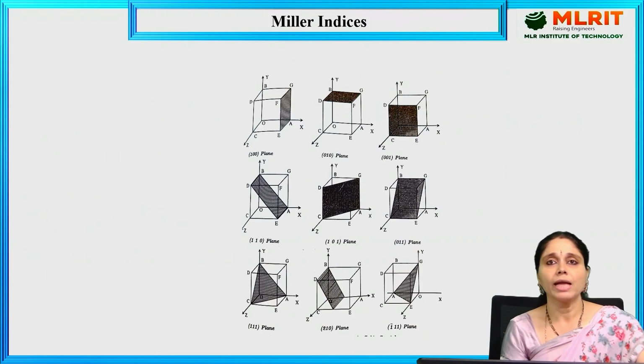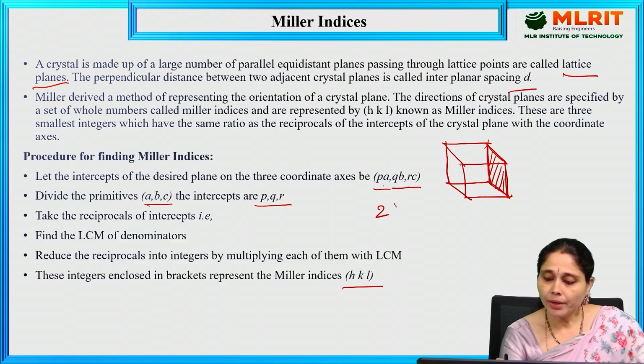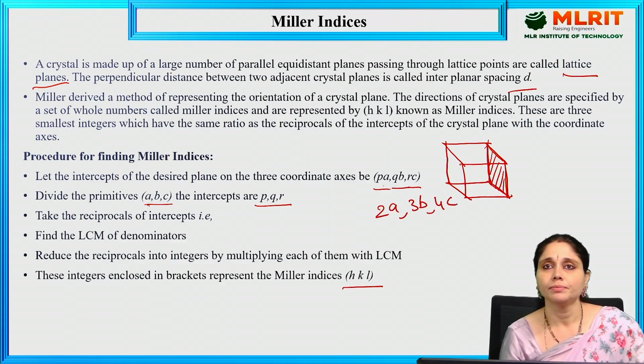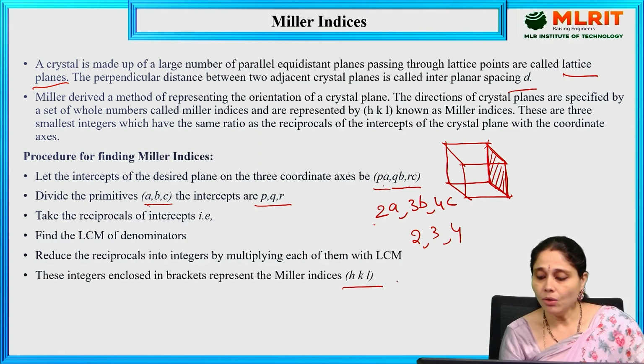For example, let us consider 2a, 3b and 4c. The intercepts are 2, 3 and 4. Now we have to take the LCM.